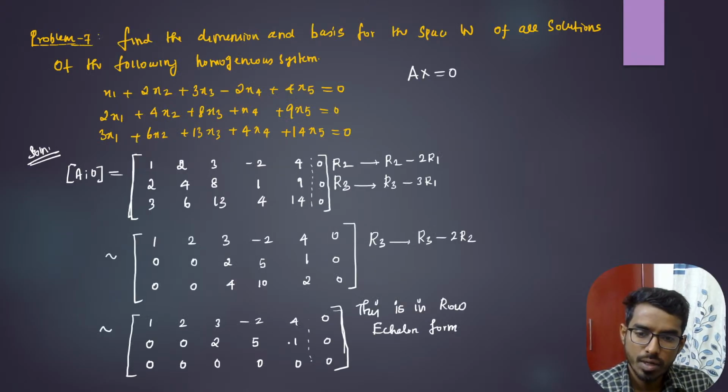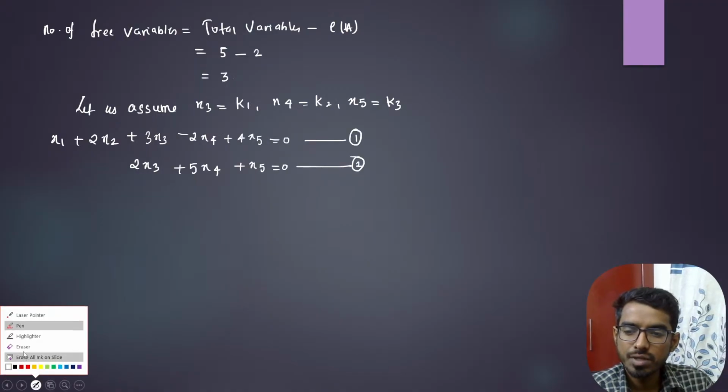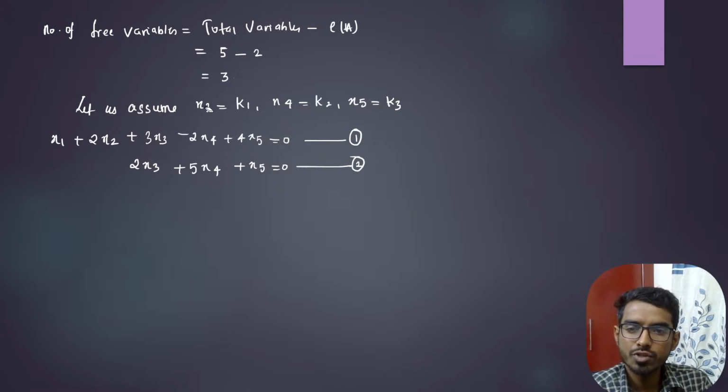Okay, let us see. Already we know x3, x4, x5. So instead of this, let us assume x1, x2, x3. See, you can assume anything.